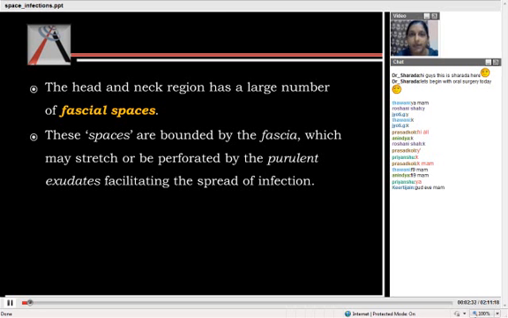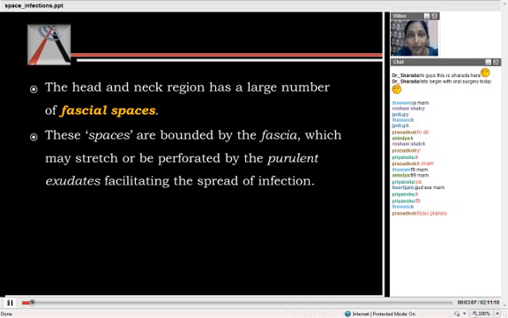When we say facial planes or say submandibular space or buccal space or canine space, it's not that between the two tissues you're actually having space. Basically you have two layers, and in between you have certain loose connective tissue. You can have your veins, your arteries, your nerves, etc.